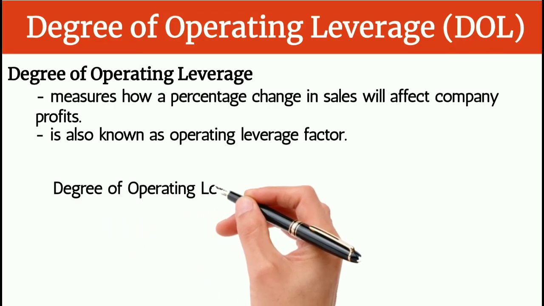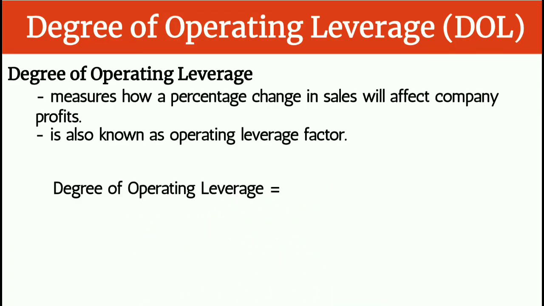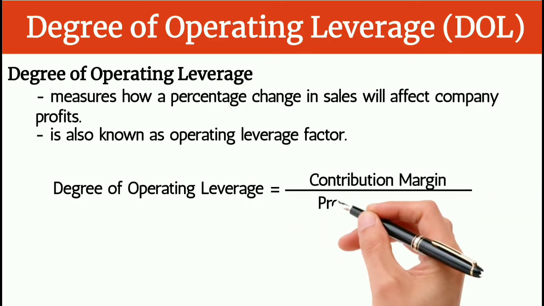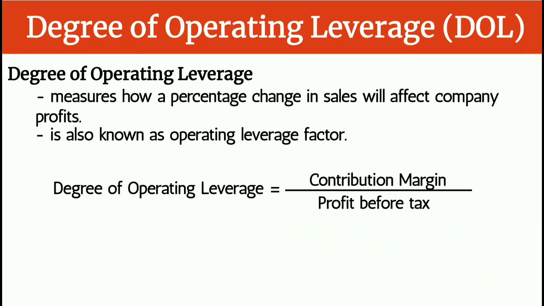Degree of operating leverage or DOL is equal to contribution margin divided by profit before tax. Take note that the profit that you are going to use is profit before tax. Kung ang given ay profit after tax or after tax profit, you need to compute first the profit before tax.